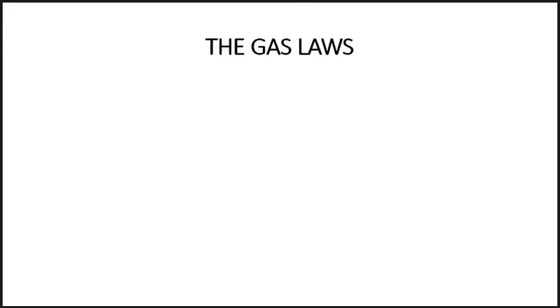So we need to look into what gas laws are really all about. What are gas laws all about, and what does it have to do with ideal gas? Now we have three types of gas laws.